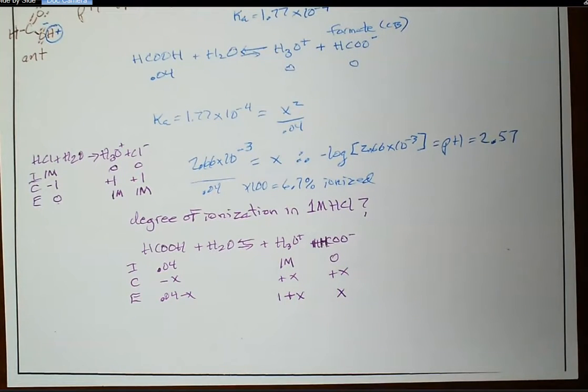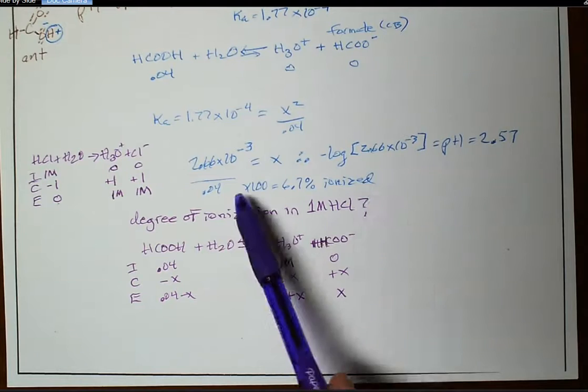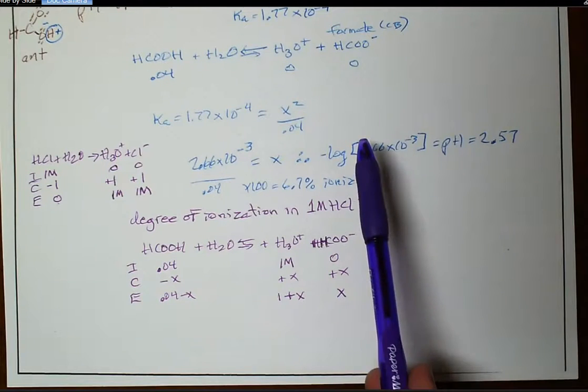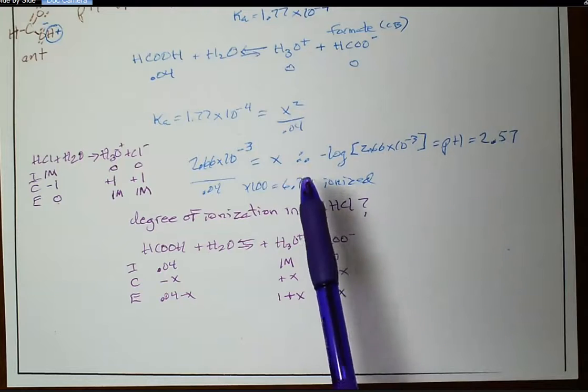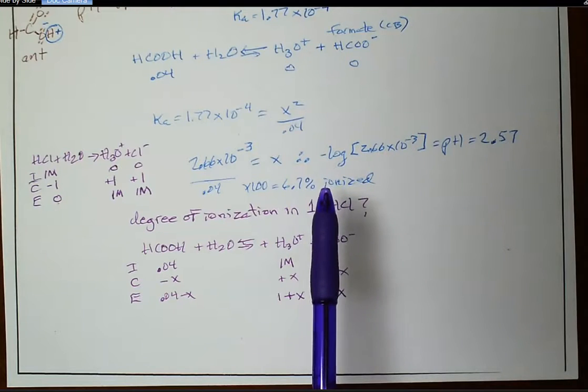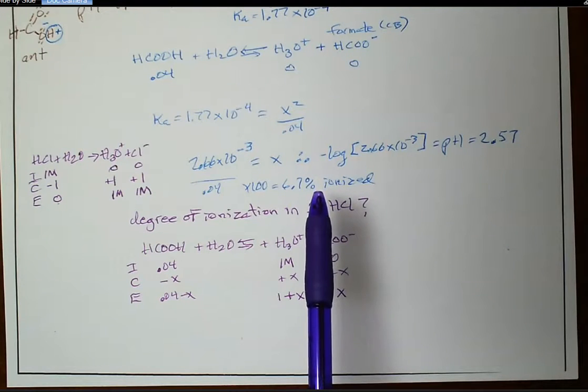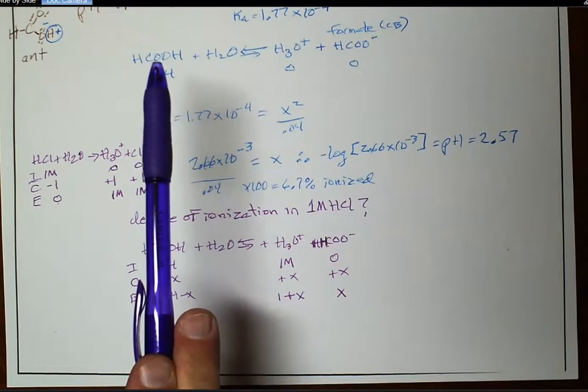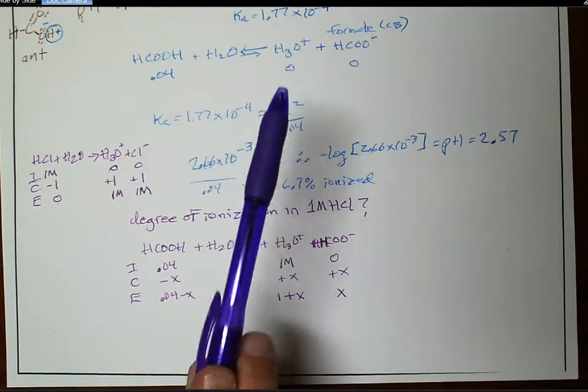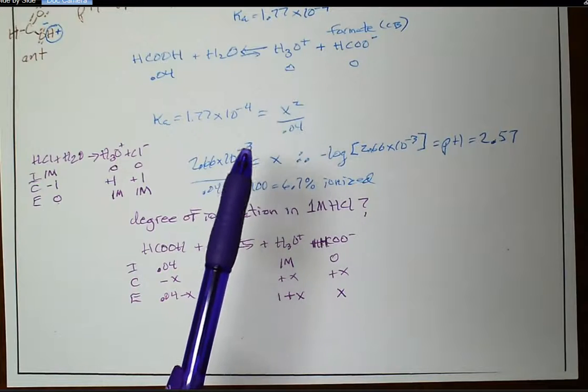Okay. I'm going to stop for a minute to let you think about what's happening. Up here in blue, we calculated the molarity, the pH and the degree of ionization, the percentage ionization of this formic acid in pure water, where there was no hydronium to begin with.